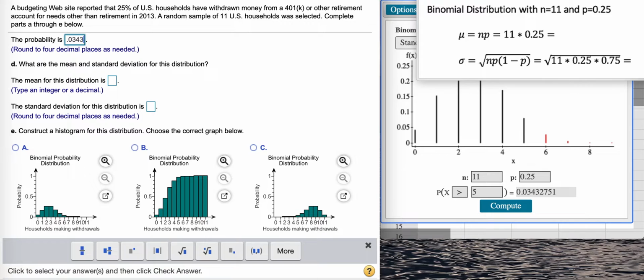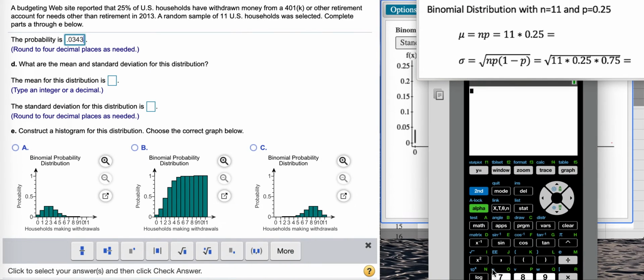So let's calculate that. 11 times 0.25 gives me a mean of 2.75.